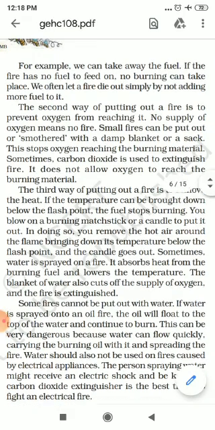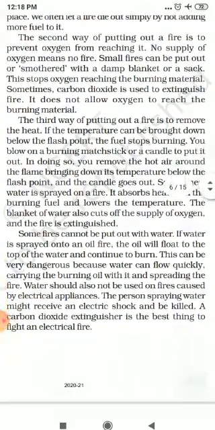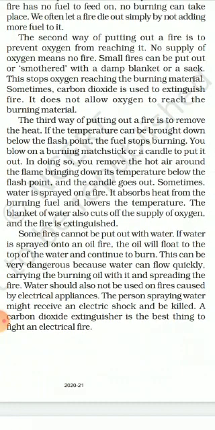This can be very dangerous because the water can flow quickly. Instead of extinguishing the fire, it will spread very quickly, carrying the burning oil with it, and help spread fire instead of extinguishing it.